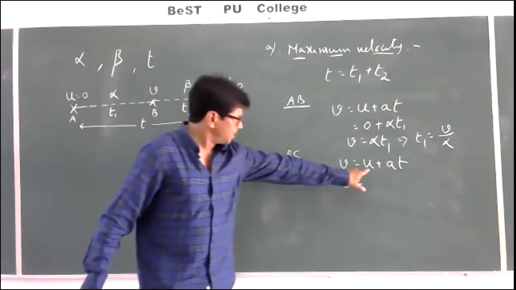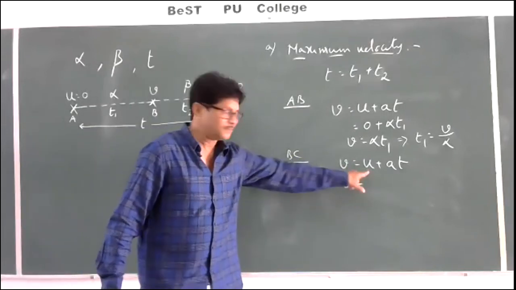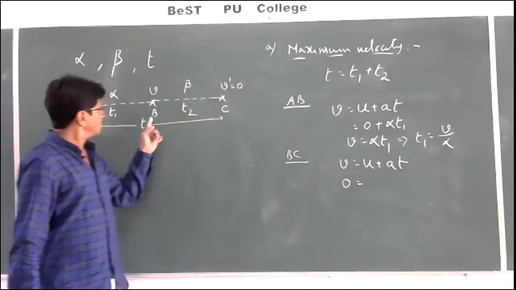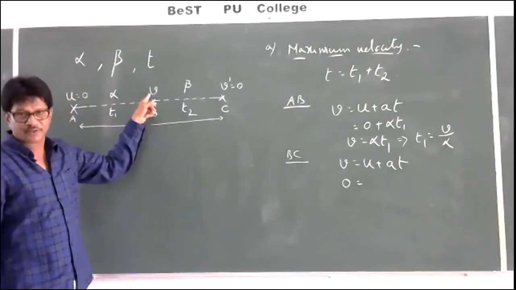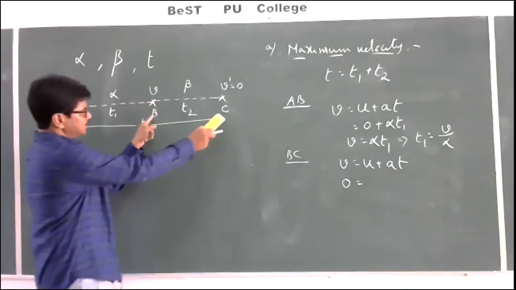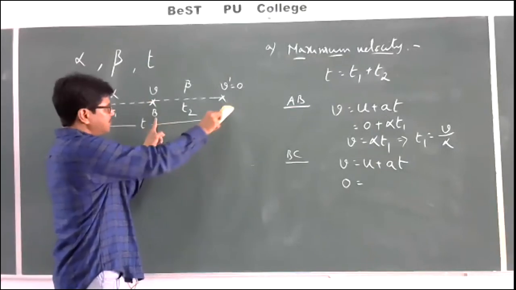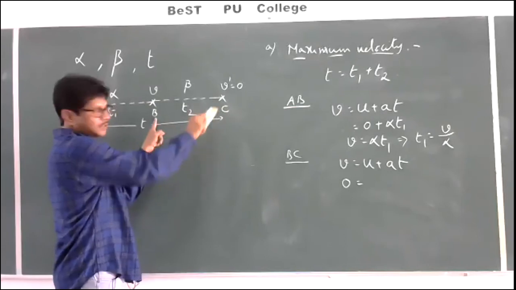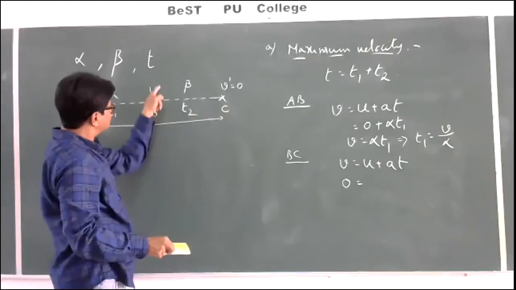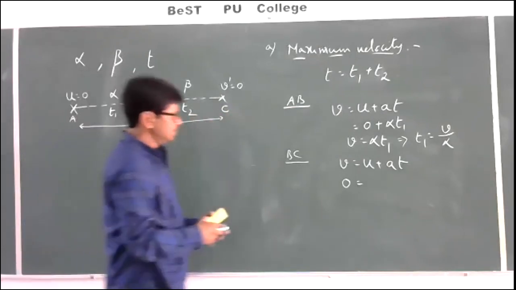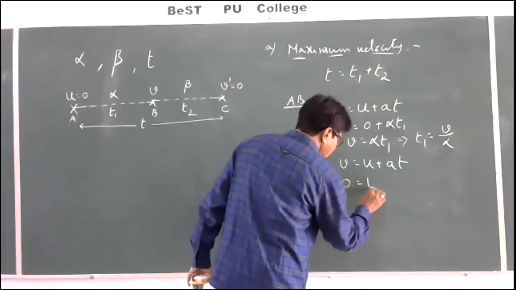U is the initial velocity. In BC, B is the initial point and C is the final point, so the velocity at the initial point is the initial velocity. So U is equal to V.